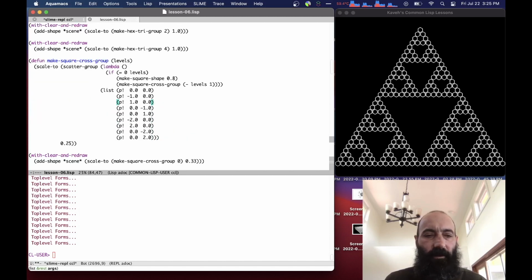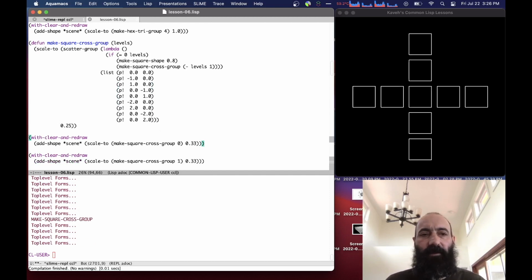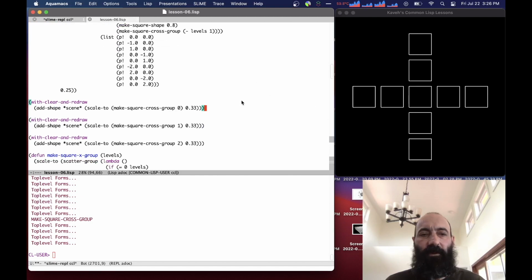So for example, if we make something called a make square cross group, and this is our make square cross group. And so we've literally just taken a square and put in the coordinates to place it in a plus sign. And that's the base case with 0 levels of recursion.